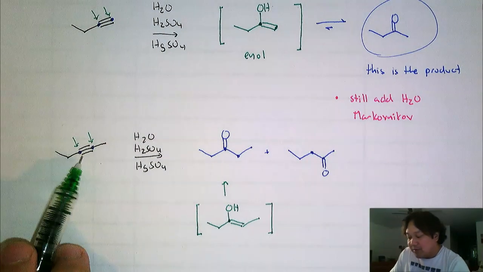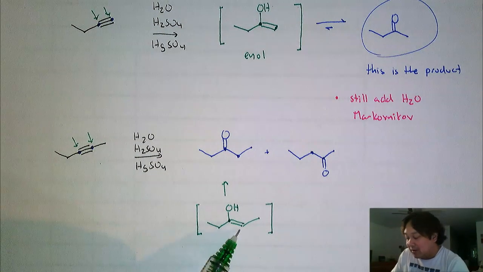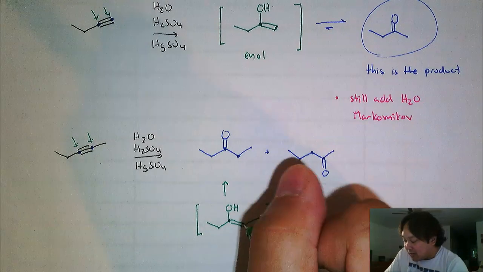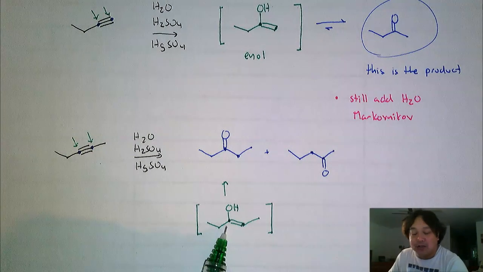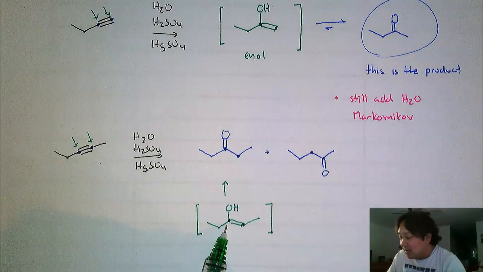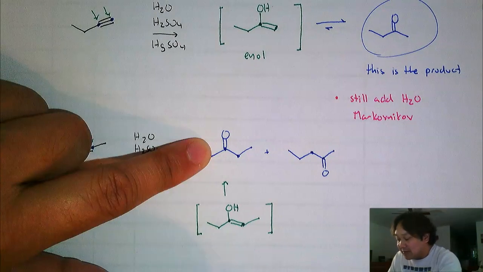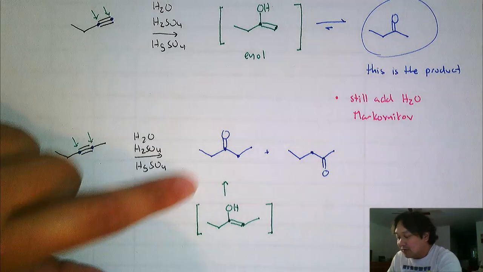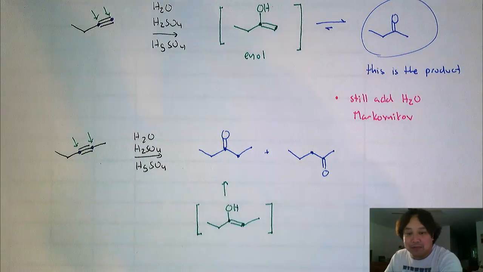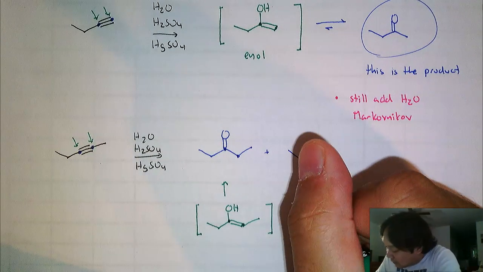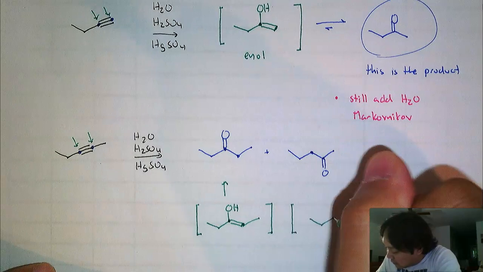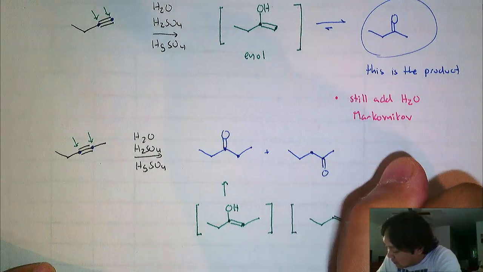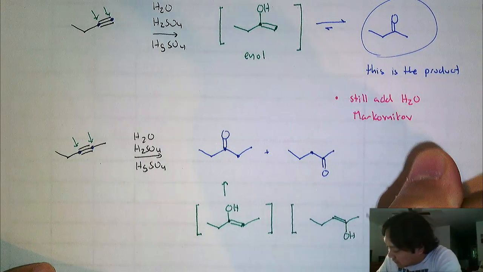The triple bond turned into a double bond, added an H on this dot on the right, and added an OH on the left, and then it tautomerizes to the more stable keto form. So same thing here. In this case, your enol looks like that.